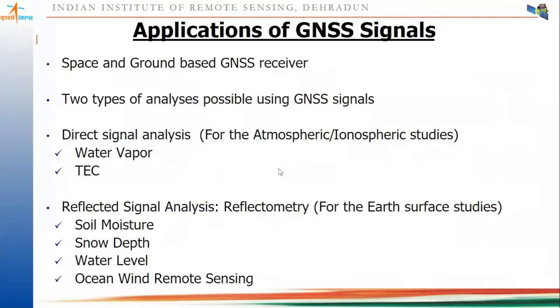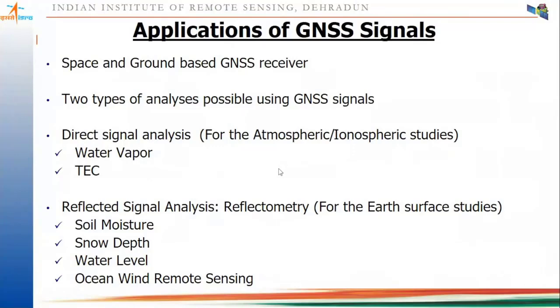Now, when we are putting a receiver on a satellite, that satellite should be below the GPS satellites. It cannot go up, because the GPS satellite altitude is around 20,200 kilometers. On the other side, low Earth orbit satellites are at an altitude of around 800 kilometers.